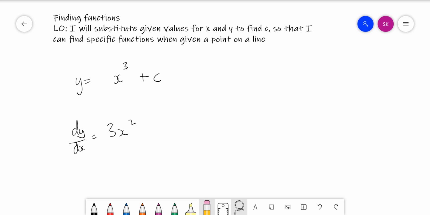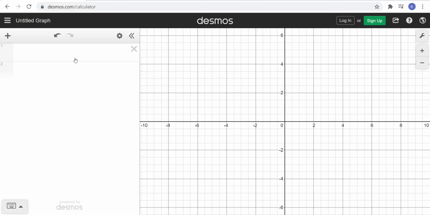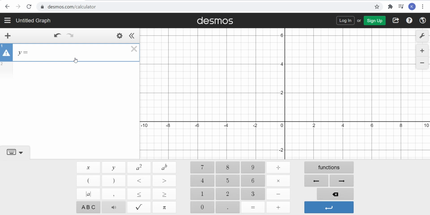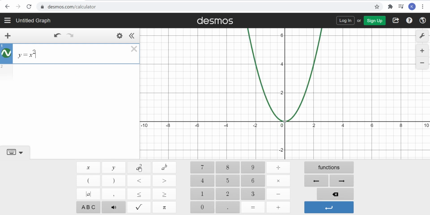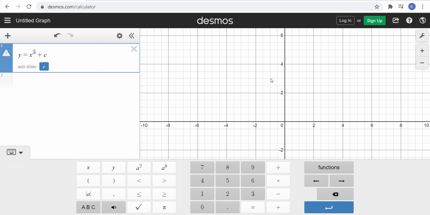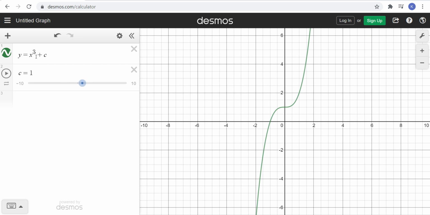So just so that you can, I'm going to show you what that looks like in the graph now, because I think it's quite nice to see. So if I write y equals x cubed plus c, I'm going to add a slider here. What this means is, when c is 1, you can see the y-intercept is 0, 1.